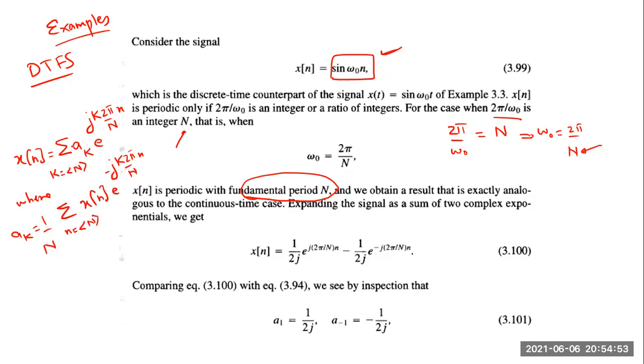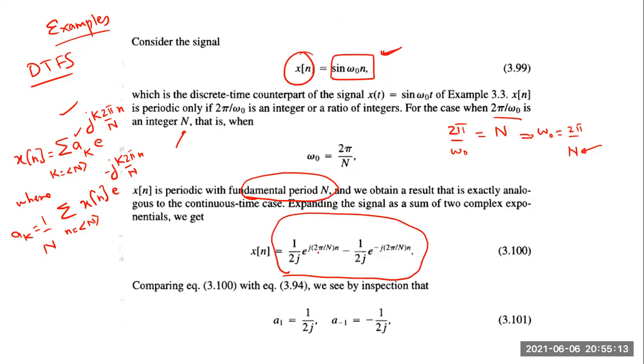These are two equations. Now, in order to represent this signal in this particular representation, we need to find the Fourier coefficients. But this signal is quite a simple signal. We can make use of Euler's relationship, and we can directly represent this signal in this form.